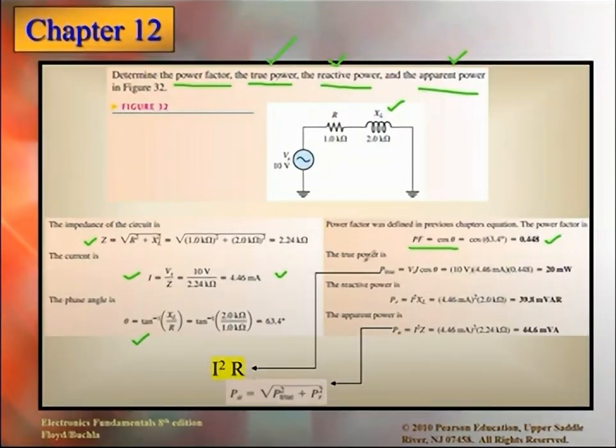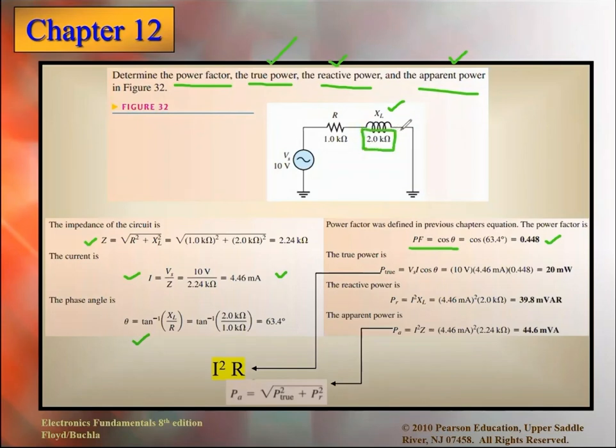Now we need to calculate the true power. Girls, true power. Can you see this one? What is that one? This is inductive reactance actually, which we know. Now they are asking for true power. Either I should know Rw, the winding resistance, or true power can also be calculated by this formula if you know the power factor, which is P true is equal to Vs I cos theta.